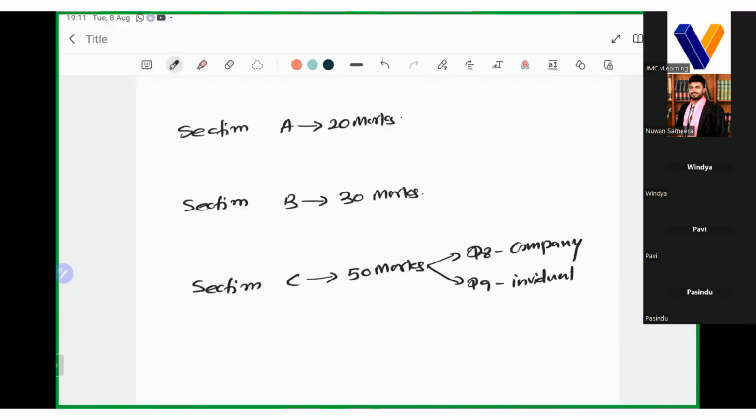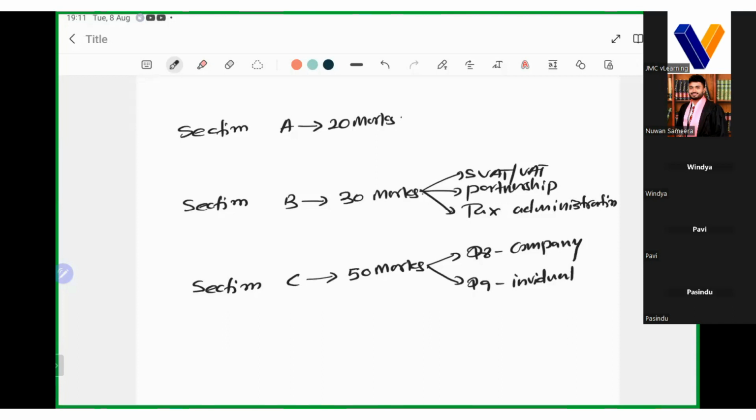So under Section B, 30 marks, 3 questions. What are those 3 questions? SWAT and VAT, and then partnership and tax administration. Right?